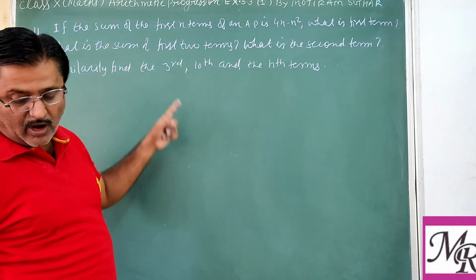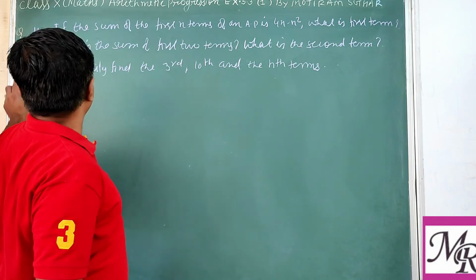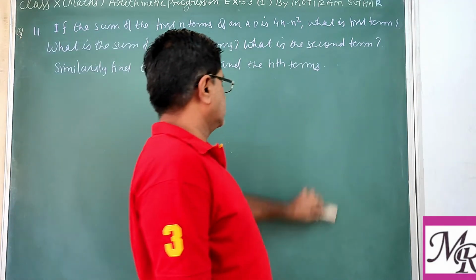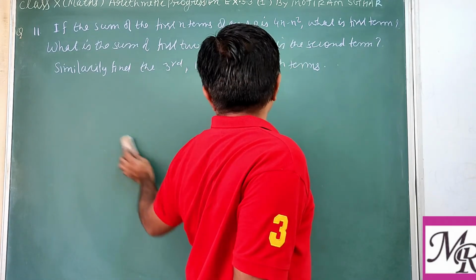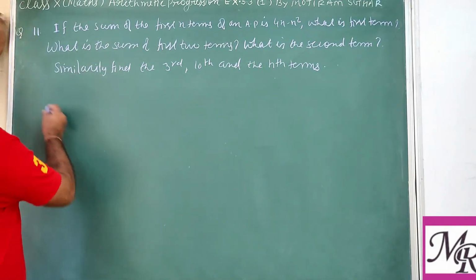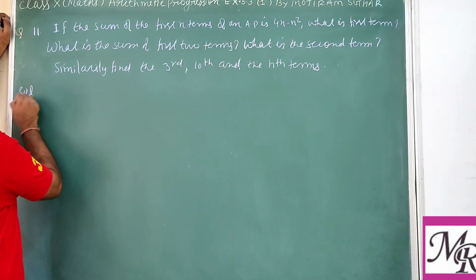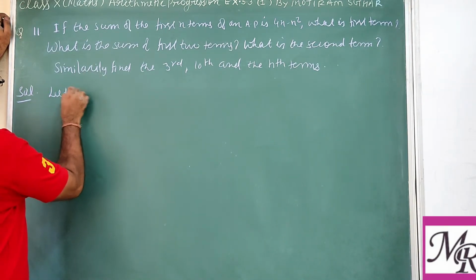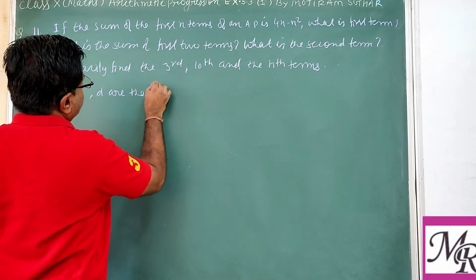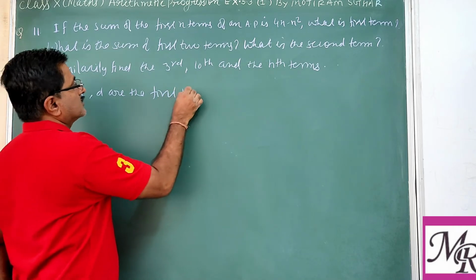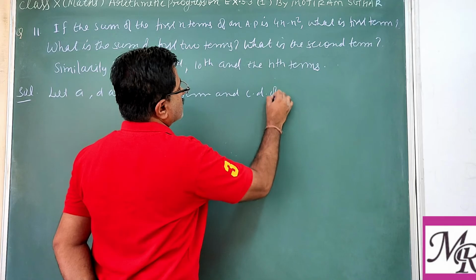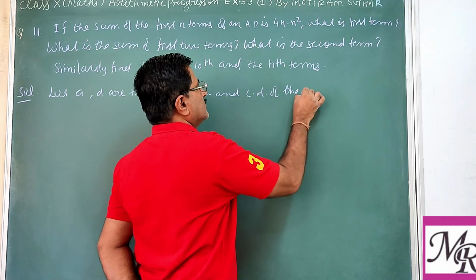Similarly, you have to find the third term, 10th term, and nth term. So we need so many answers. This is very easy, but it is important. We have the solution right here. Let a and d be the first term and common difference of the AP which is given.